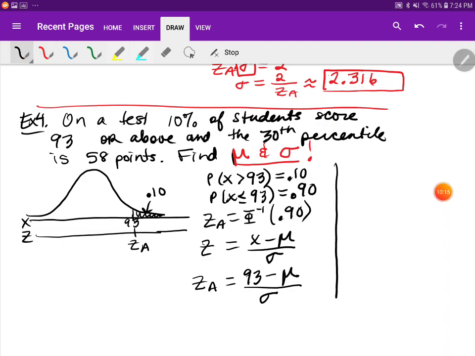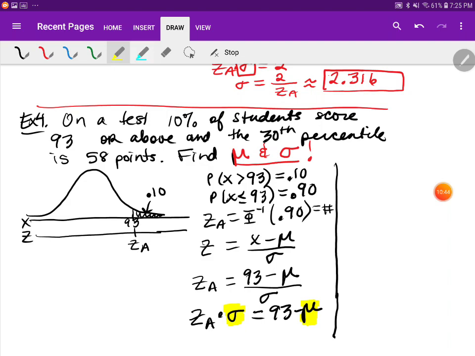Now this equation that I just wrote here at the bottom, the ZA, I could cross multiply ZA times sigma equals 93 minus mu, at least to flatten it out, but you're still kind of stuck because you have two letters. ZA, we already know, because ZA is a number. So this is a number up here. So ZA is a number. So the only letters we're missing are sigma and mu.